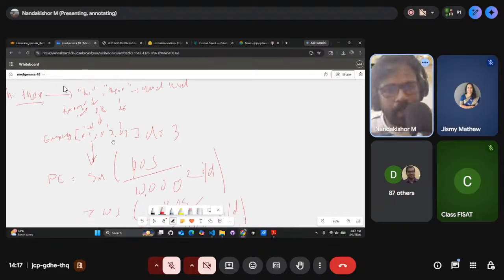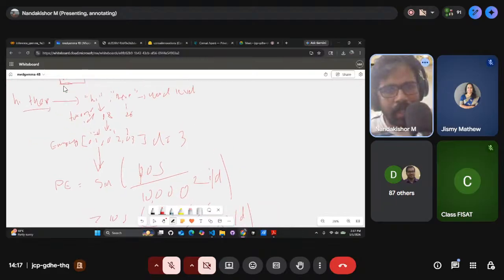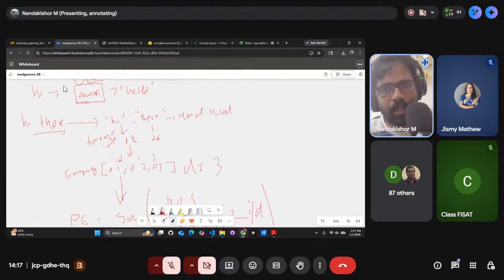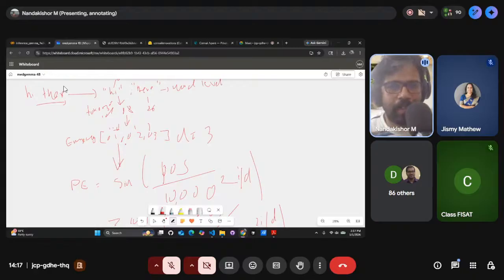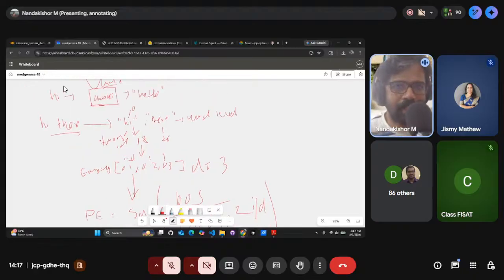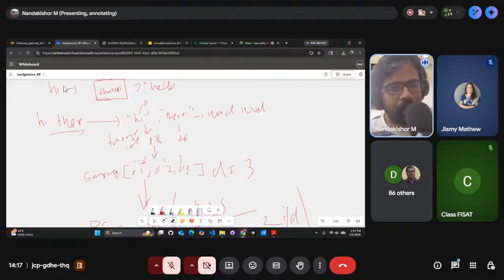POS means the position of the original word in the sentence; here it's 0, since we are representing "hi." The idea is to add a positional vector value, because the machine doesn't understand where "hi" is located, so the model understands that "hi" is at the 0th position. Got the idea?